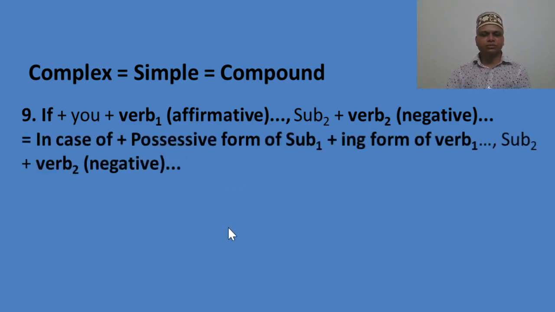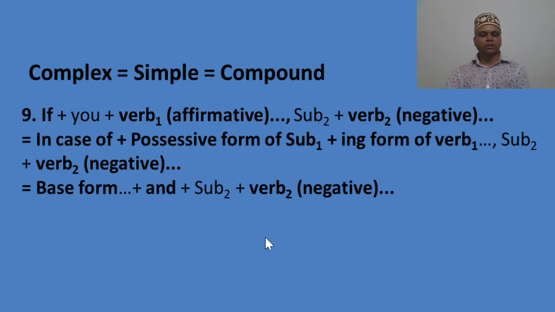Then we have to transform it into simple like this way. In case of, possessive form of subject 1, ing form of verb 1, and rest of the sentence and the principal clause. And compound sentence will be base form, rest of the sentence, and we have to use and as a coordinating conjunction and the principal clause.